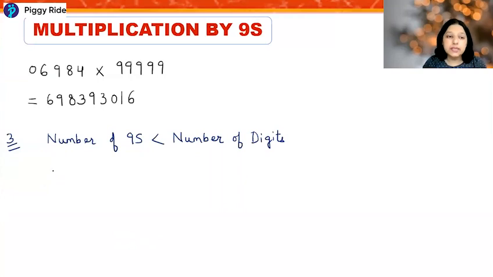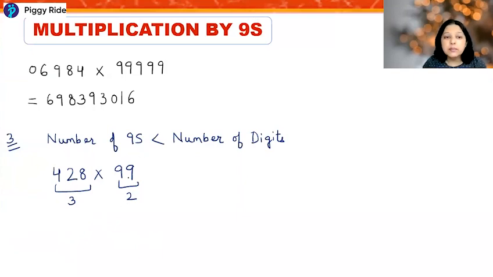Suppose you have a 3-digit number. Let's take 428 and you want to multiply it with 99. Now you can see we have 2 nines and we have 3 digits here. So in this case, what to do when you have fewer nines and more digits?